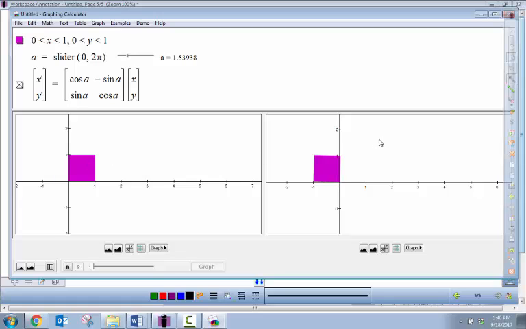If I pick another random point out here, like 2, 2, that would have come from another point, but only one point from the domain. Okay, so a rotation matrix is an example of something that's one-to-one and onto. So let's just say that now.